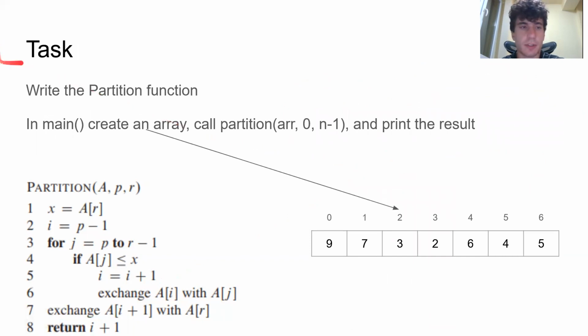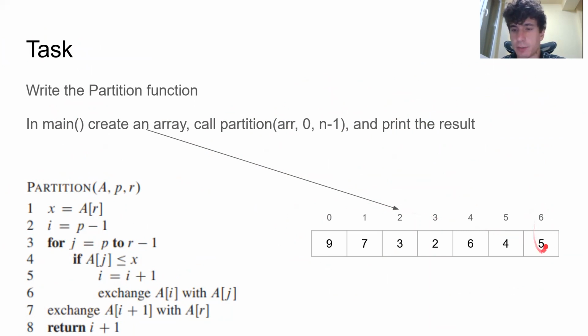Okay, so the first task is to write the partition function using this pseudocode. And then in the main function, create an array that looks like this and call the partition function and show the partitioned array.